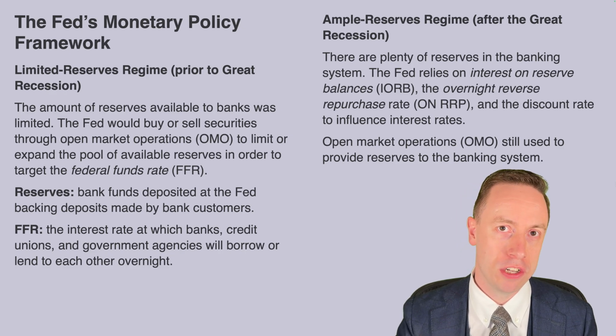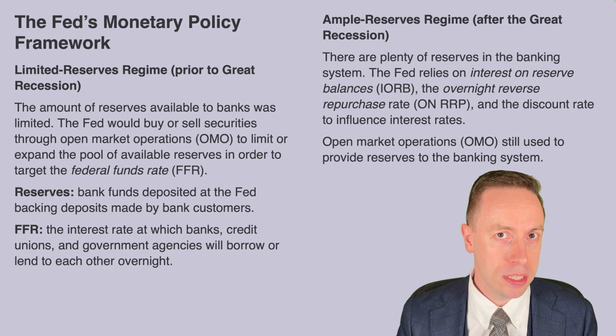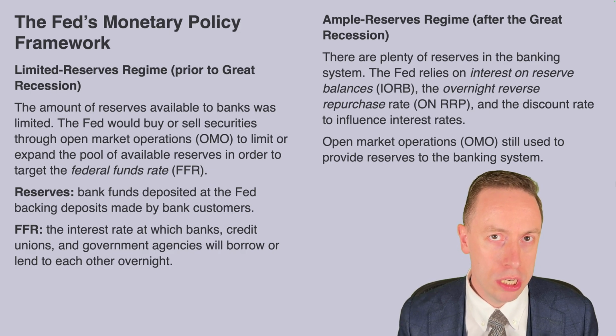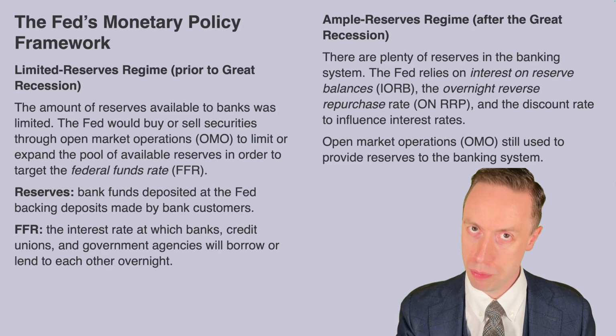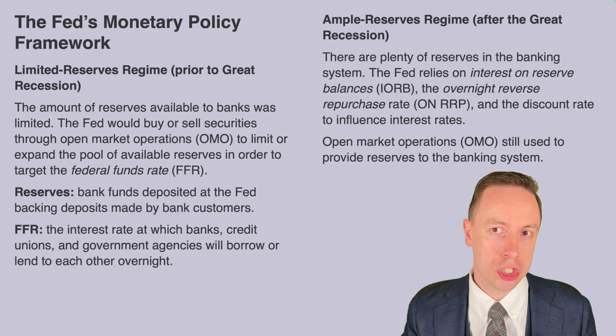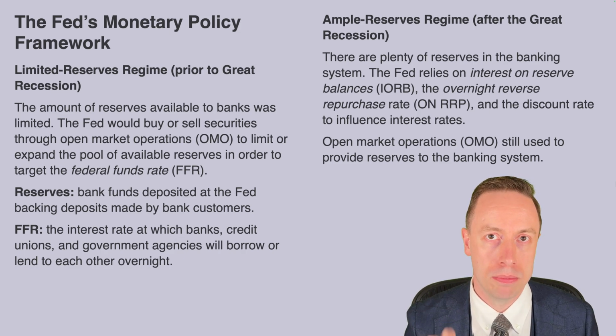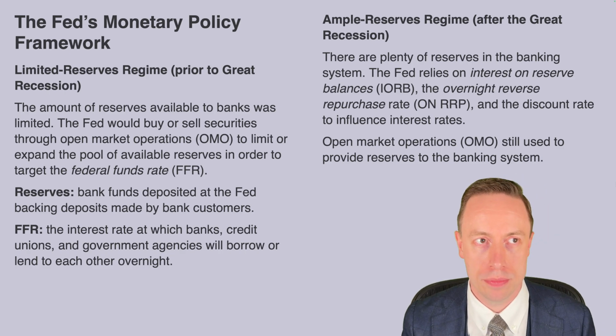So it's not that the Federal Reserve directly controls that rate, but if banks were being a little too low interest, making loans to each other, the Fed would remove a little money from the system so their rate came up. If banks were charging each other a little too much for the Fed's taste, well, then the Federal Reserve could add a little money to the system, bring that rate down.